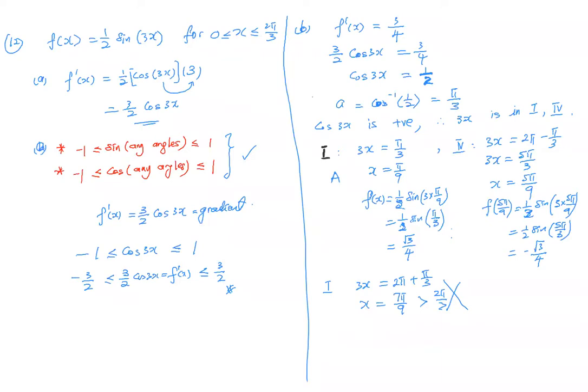You know cos 3x is equal to half already. You don't have to do it. And you even know the gradient is 3 over 4. So actually you don't have to find the gradient. You have the gradient here, 3 over 4. So I just need to write down the gradient 3 over 4. So I put into y equal to mx plus c.